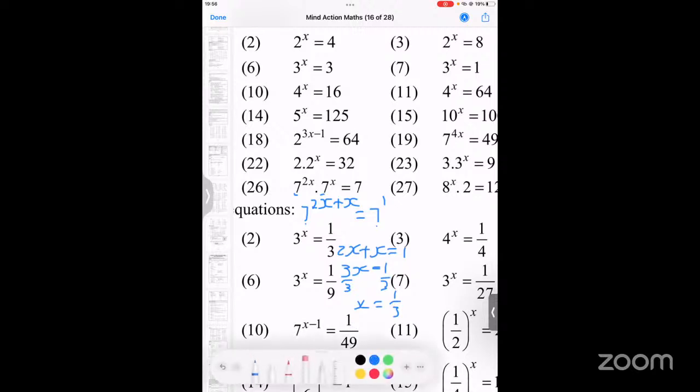Yes, I can see. Oh, so I got that answer, but I'm not sure I followed the correct steps because I used a different one. I added the exponents, which gave me 7 to the power of 3x, and then I wrote 7 to the power of 1, then equated.